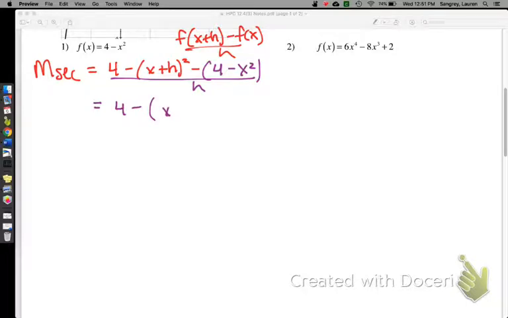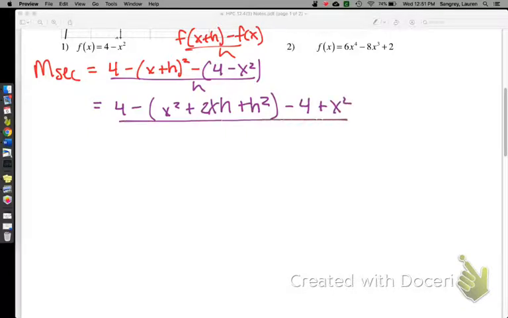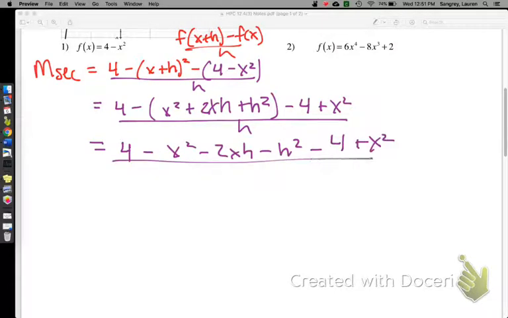So this is 4 minus x squared minus 2xh minus h squared, minus 4 plus x squared, all over h.